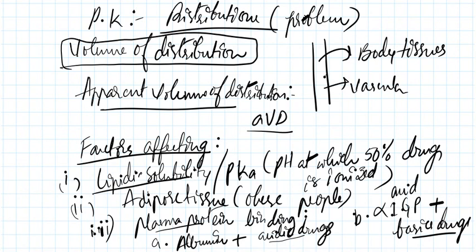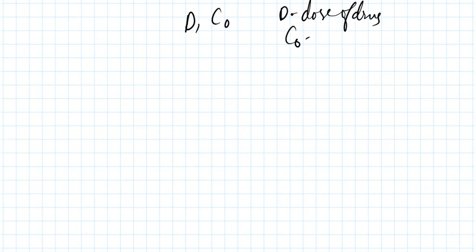Okay, so I think you understand up to here. Now we'll discuss something. If someone asks you, they will be given the dose of the drug, D for dose of the drug, and C naught, the initial plasma concentration of the drug.